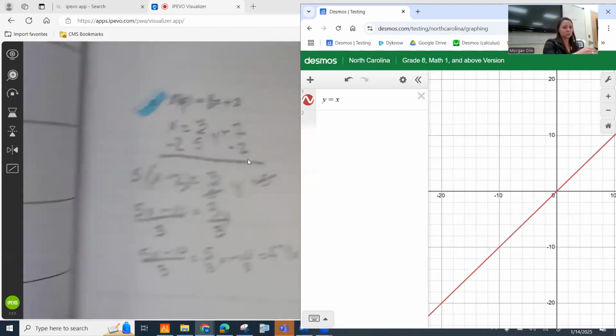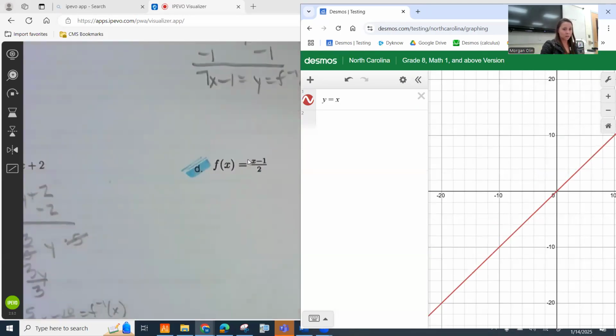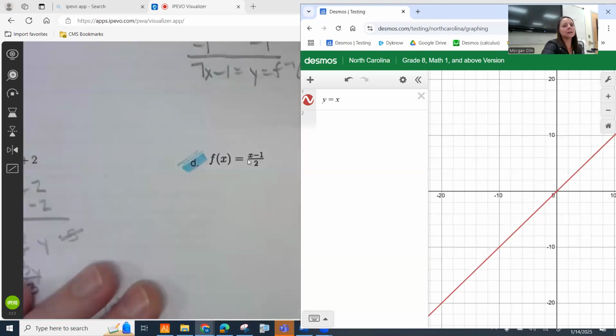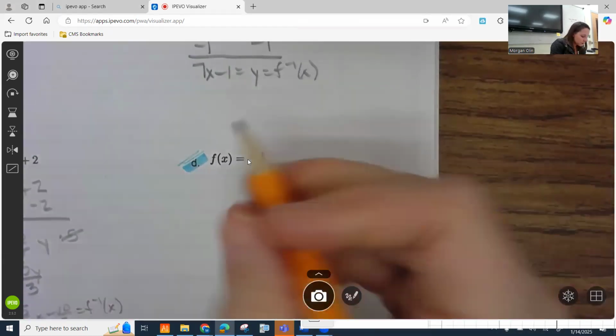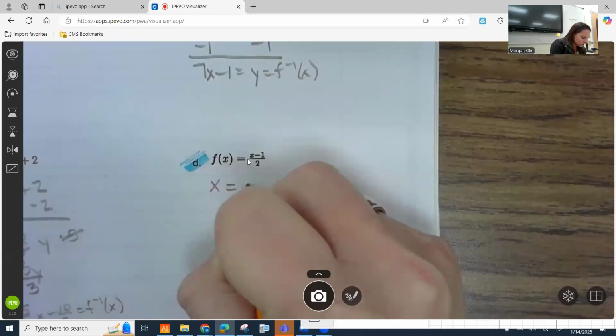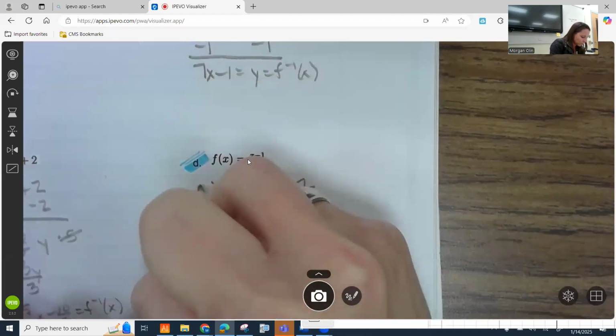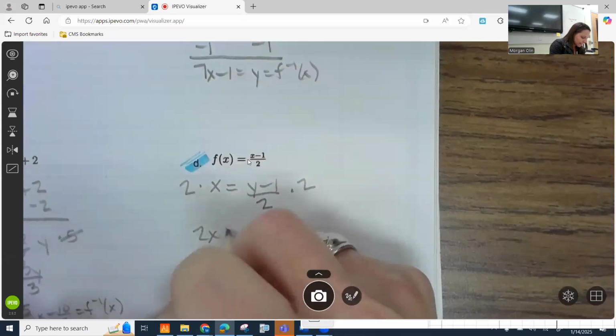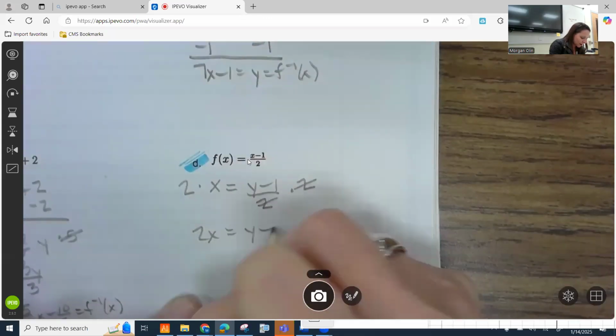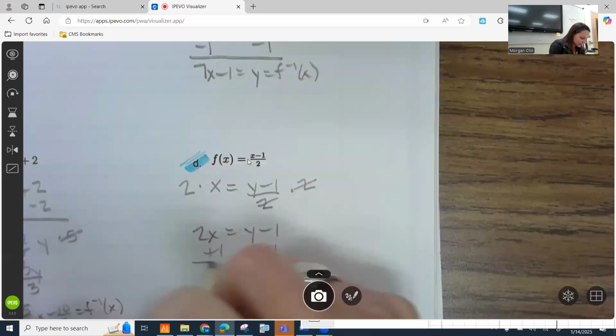All right, let's go do D right here. So D is going to be very similar to B. This is going to be x equals y minus 1 over 2 because all of it's divided by 2. Multiply the whole thing by 2. So these cancel and leave us with y minus 1. Our last thing is add 1.